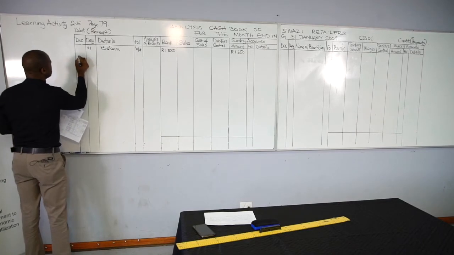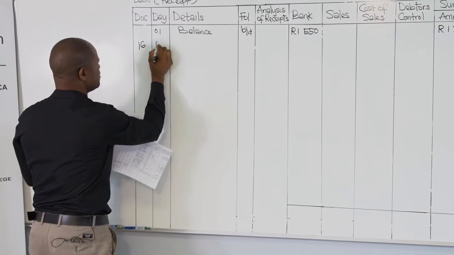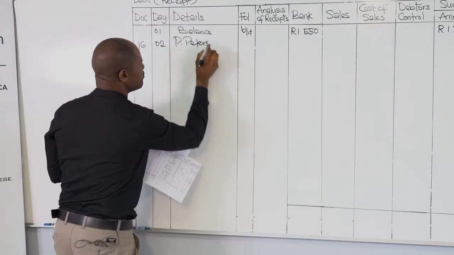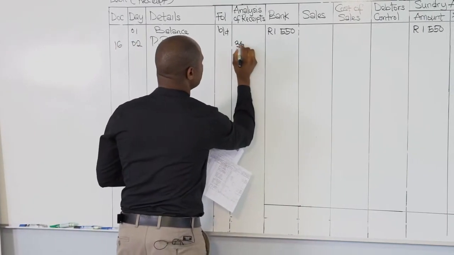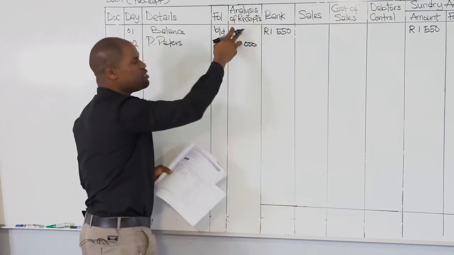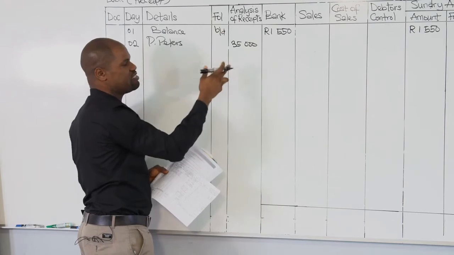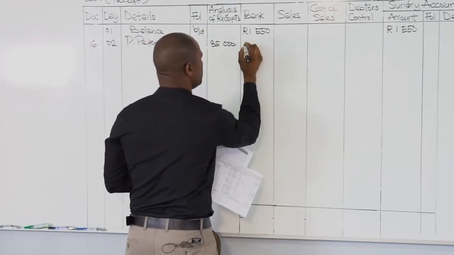The document is receipt number 16. The date is on the 2nd. P. Peter. The amount is 35,000. It comes to the analysis of receipts. The purpose of this analysis of receipts is for you to analyze what the transaction is all about. So it is 35,000, it goes into the bank.